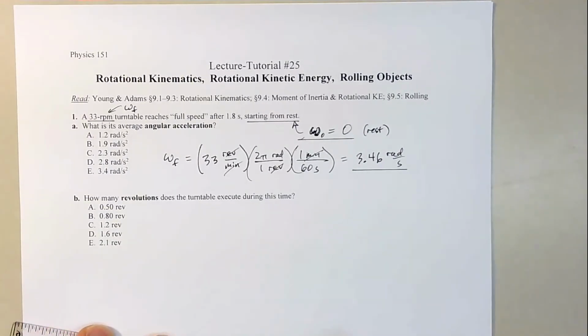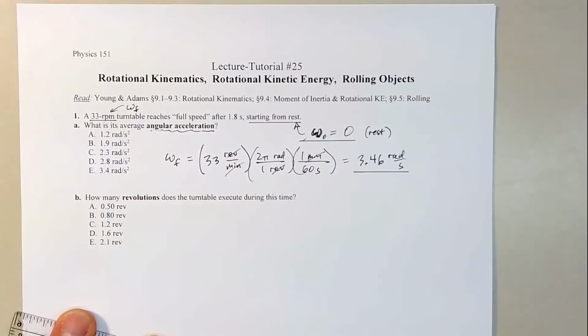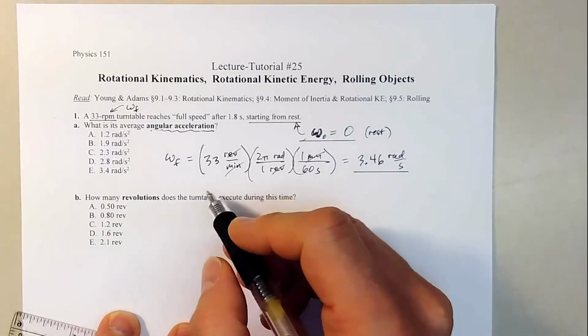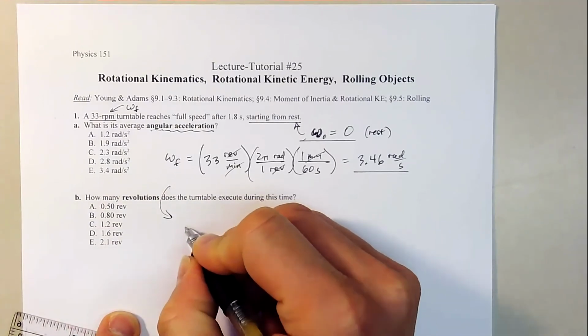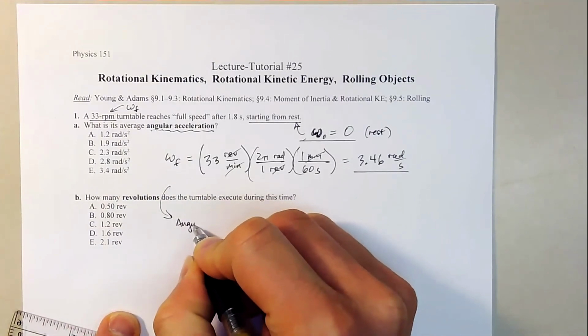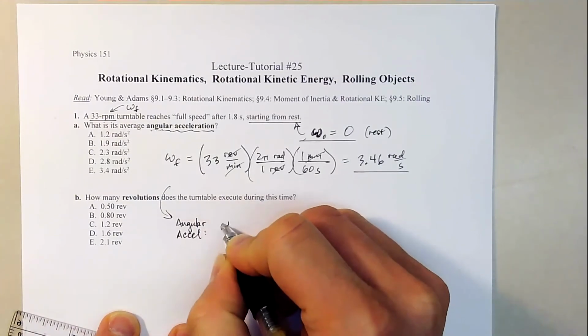All right, now finally, let's answer the question. What is the angular acceleration, which is what we're after? This is still a continuation of part A. I think I can now use one of our equations for angular acceleration.